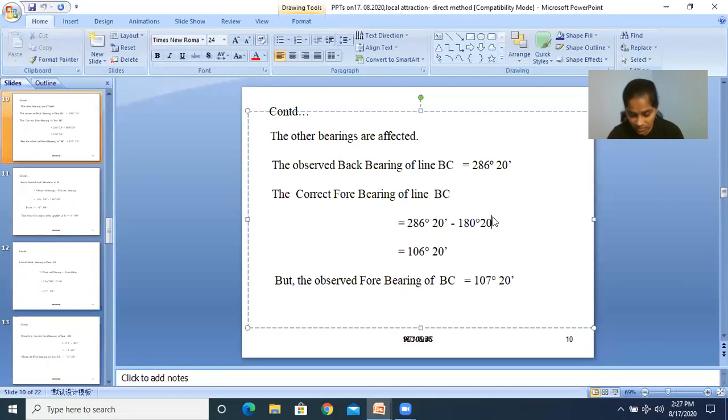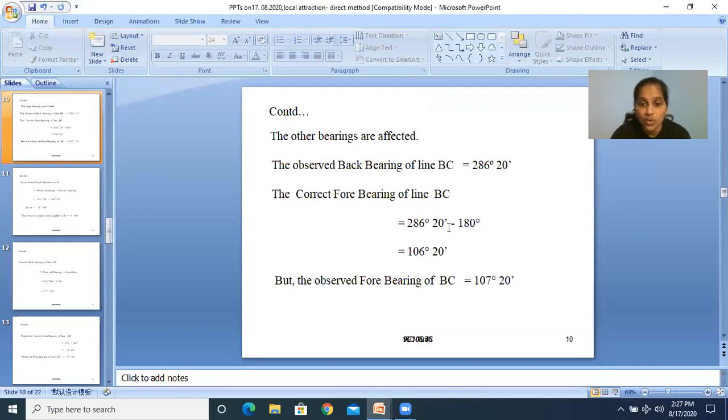So this is 180. Right. So 286 degrees 20 minutes minus 180 is 106 degrees 20 minutes.